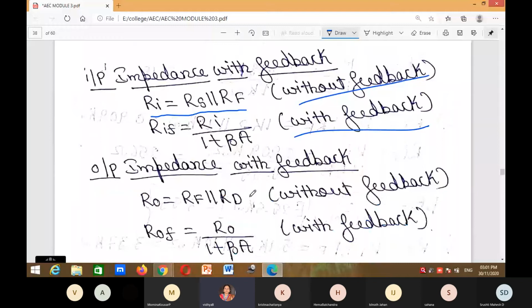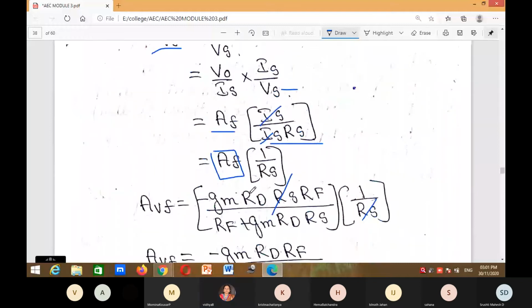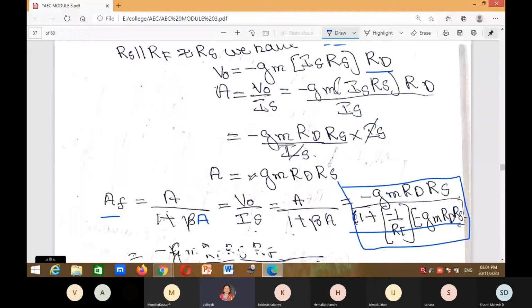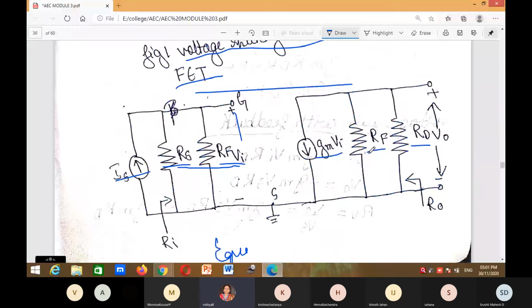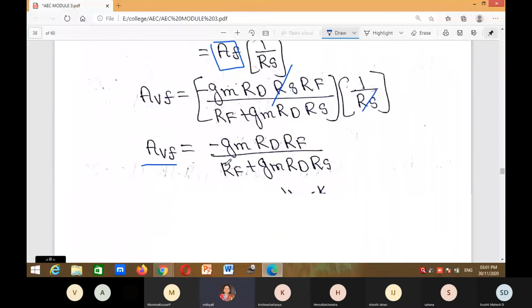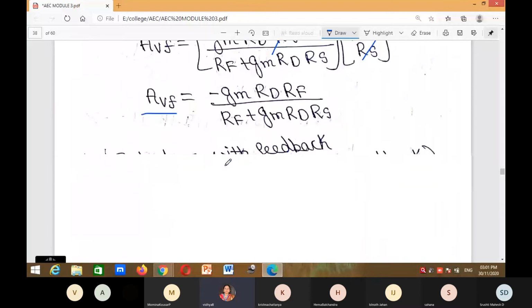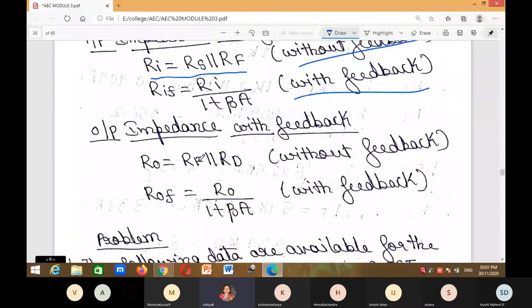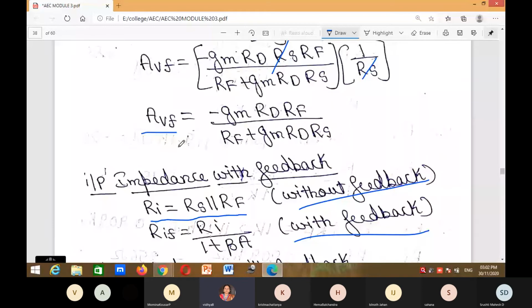You can observe the figure here. Input is Rs parallel Rf. R0f is equal to R0 divided by 1 plus beta A, that is with feedback. This is what input resistance, output resistance, voltage gain with feedback.